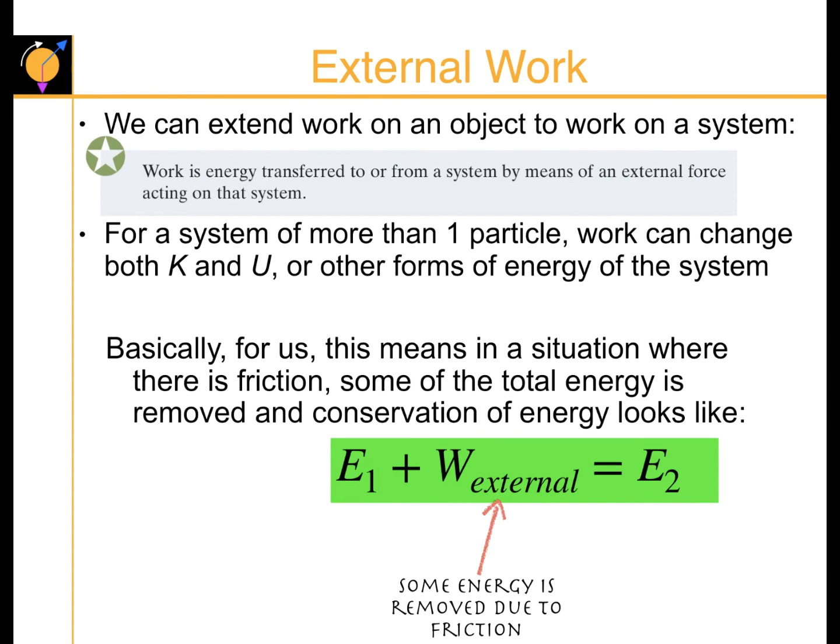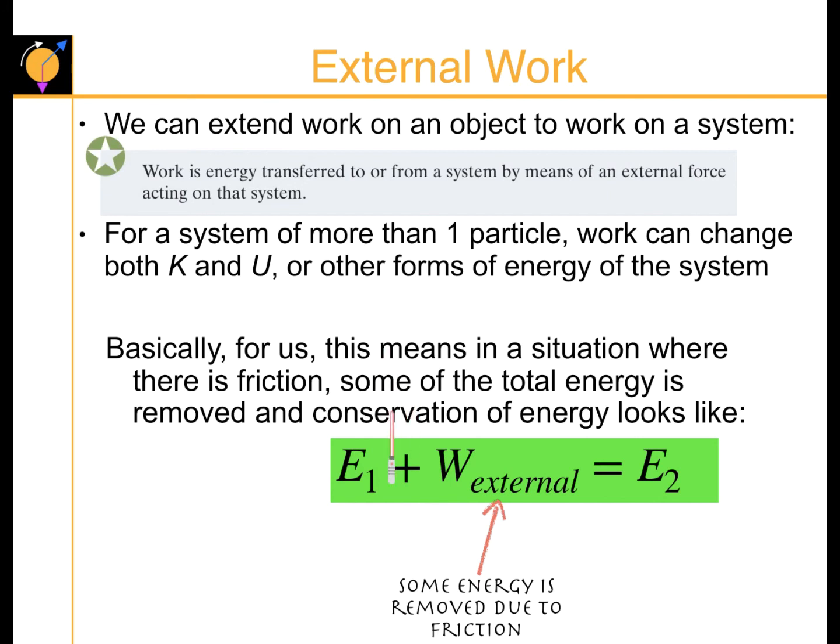Now let's look at another way we can apply conservation of energy. In certain situations, if we have a situation with friction, we have to deal with the fact that friction is taking energy out of the system. So remember, work is energy transferred to or from a system by means of an external force. So if we take energy out of the system via an external force, such as friction, then there will be energy lost.